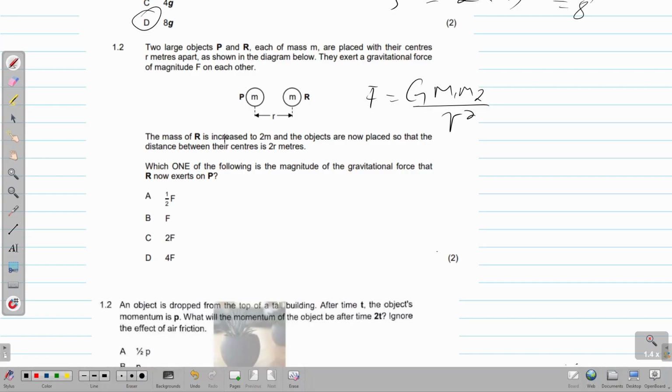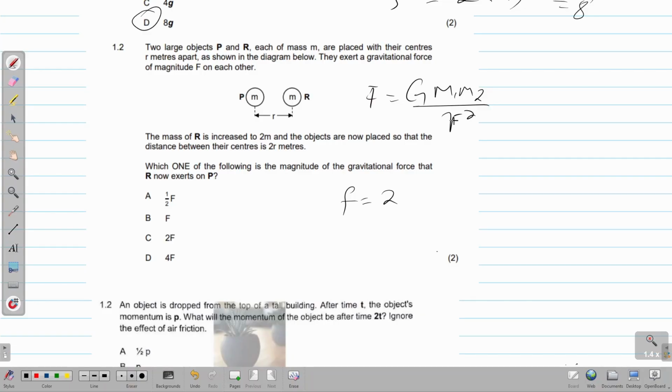So then I'll calculate the factor here. If this mass is doubled, the force is also going to be doubled, and you double the distance as well.